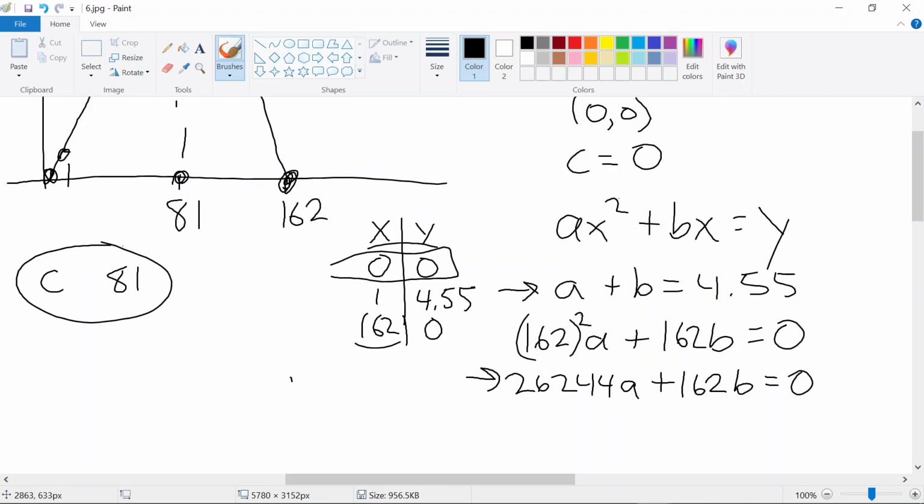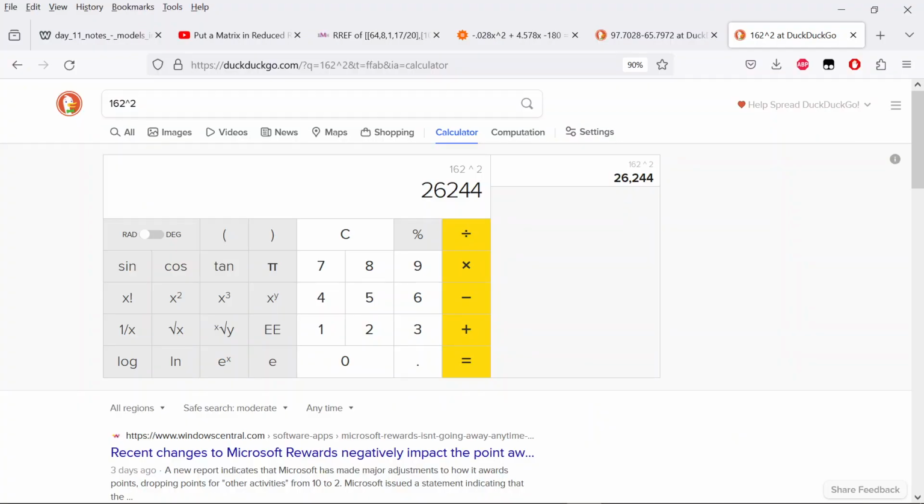How am I going to solve them? Well, one way is elimination. I can multiply this one by negative 162, so I can get rid of the b's. So negative 162 times a is negative 162a, negative 162 times b is negative 162b, equals negative 162 times 4.55.